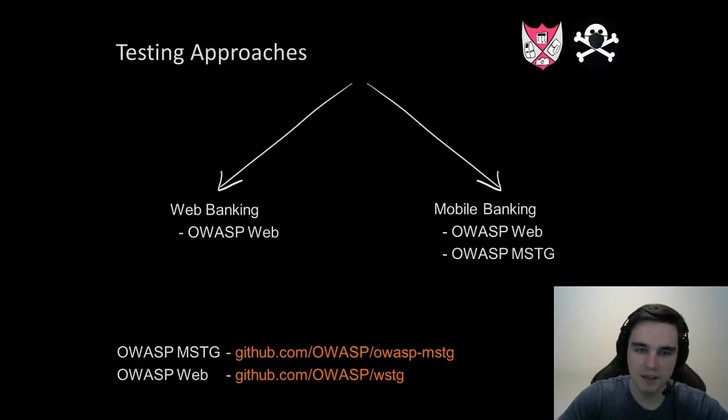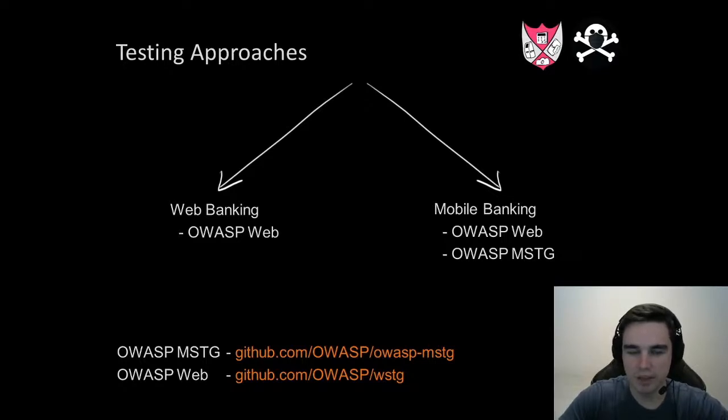And so for mobile banking, it is the OWASP MSTG and OWASP Web guides. OWASP MSTG is about everything related to the mobile platform, all the vulnerabilities related to this. And why OWASP Web here? Because we have the server side. When we look at the mobile application, we have to check the platform and the application, and also we have to check the server side and how it communicates with the mobile application.